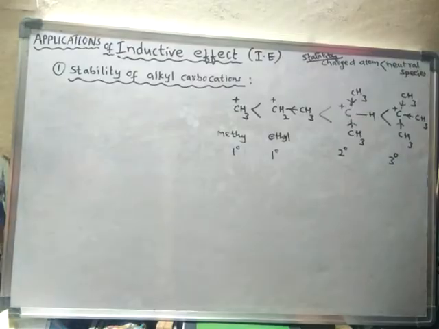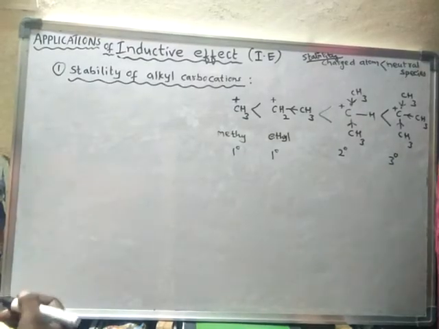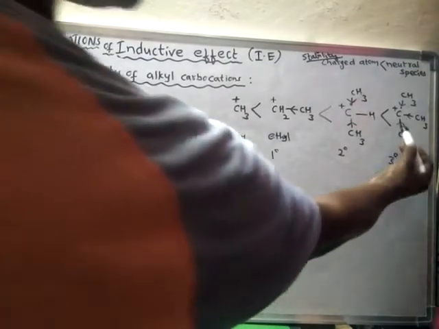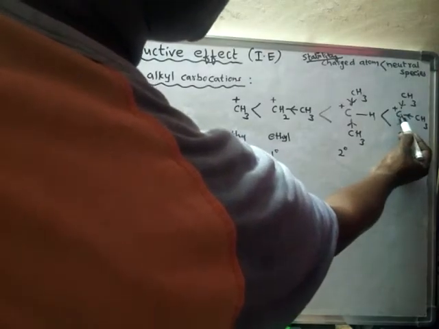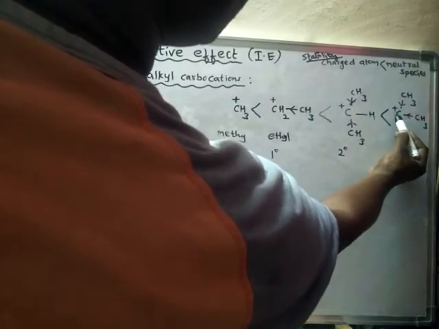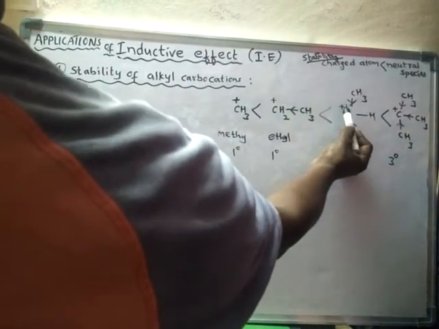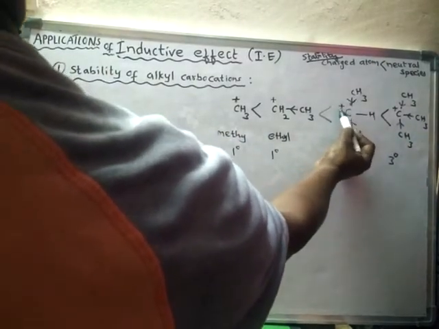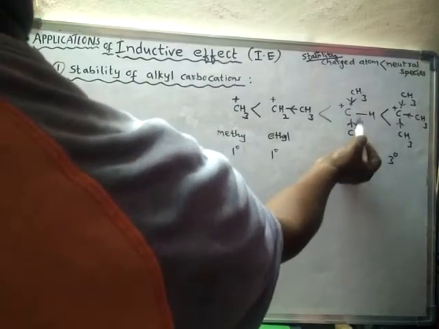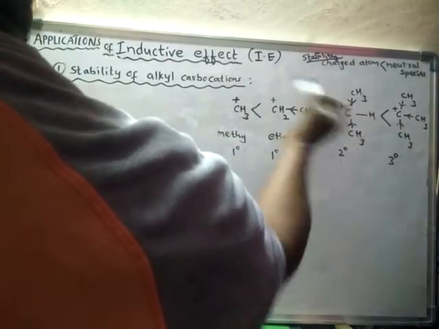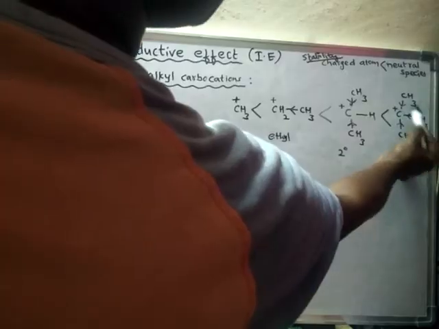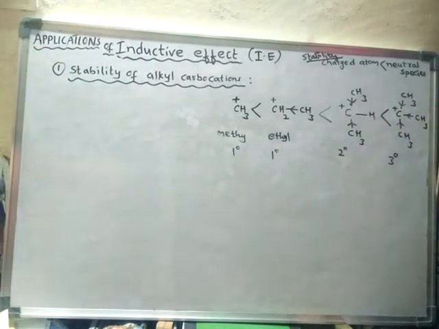So this carbon disperses its charge towards more groups. This one disperses its charge to two groups only, and here the charge is dispersed to three groups. As the charge dispersion increases, the stability increases.